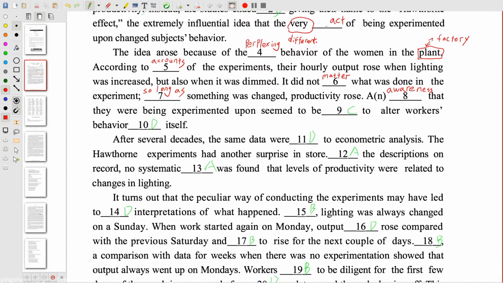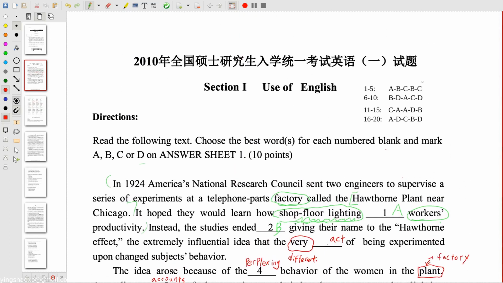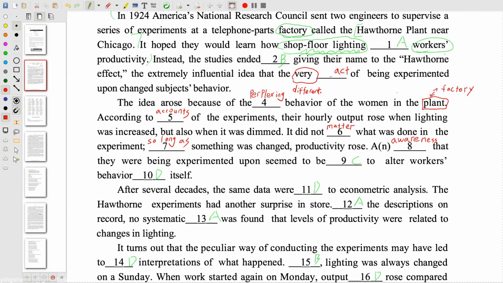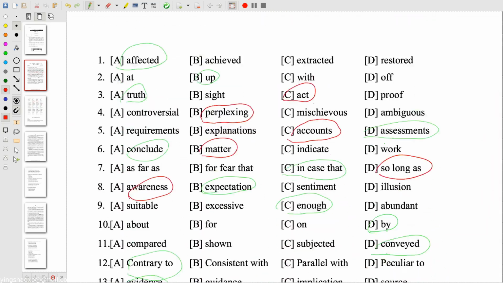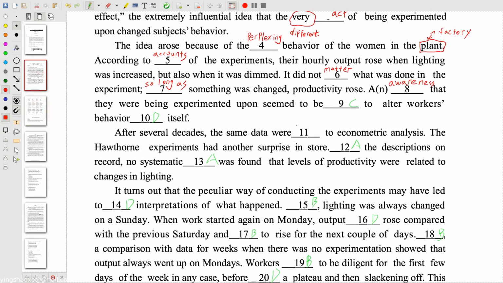Let's go on. The next paragraph. The 11th. We should choose C, but we got D. Let's have a look at the 11. C is subjected. After several decades, the same data were subjected to econometric analysis.